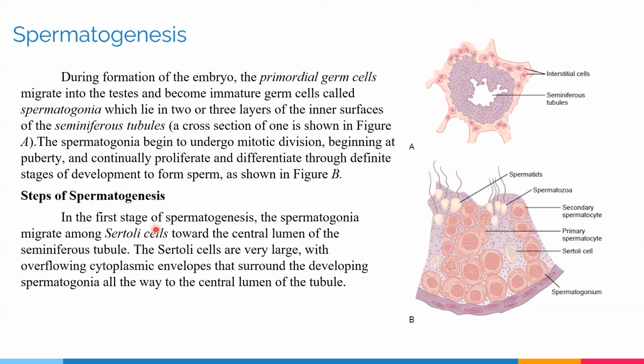In the first stage of spermatogenesis, the spermatogonia migrate among Sertoli cells towards the central lumen of the seminiferous tubule. The Sertoli cells are very large with overflowing cytoplasmic envelopes that surround the developing spermatogonia all the way to the central lumen of the tubule.